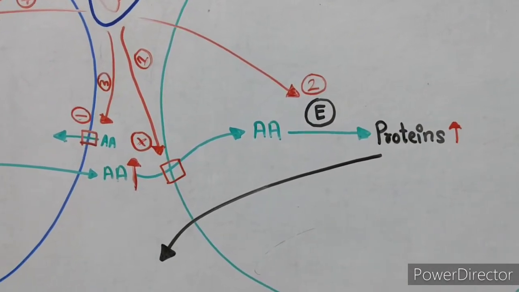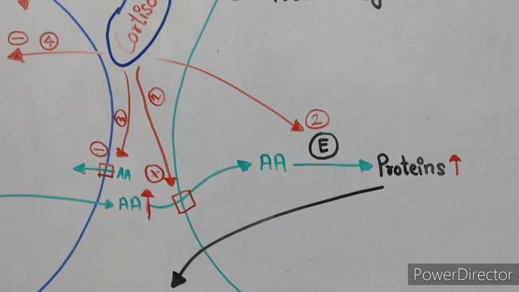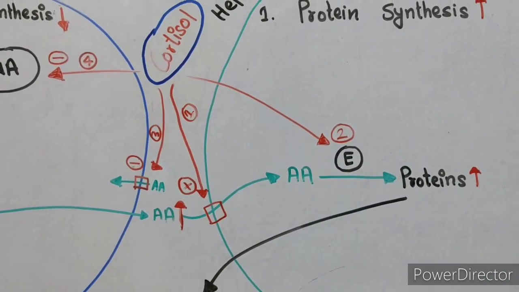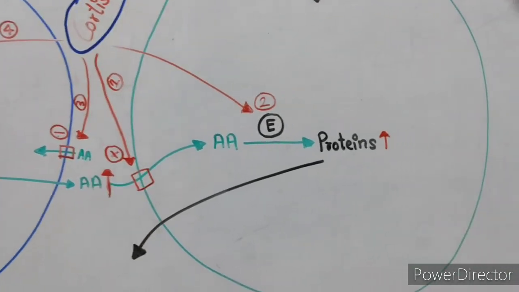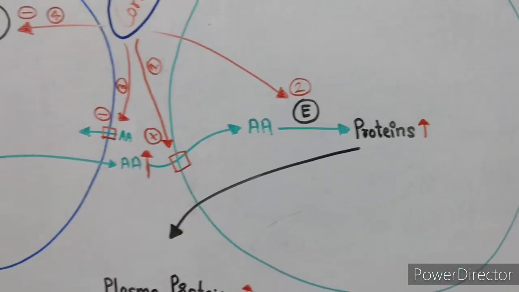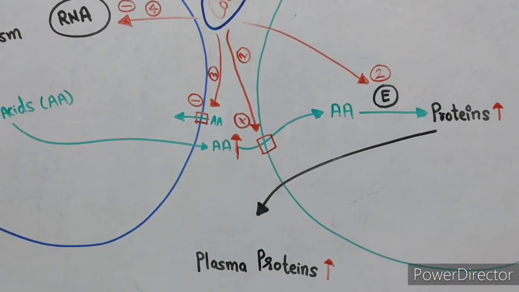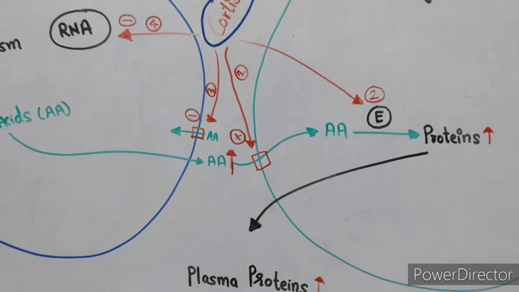These amino acids are converted into proteins by a series of enzymes, and these enzymes are stimulated by cortisol. And when liver proteins are increased, these liver proteins will be released into the plasma, and in the plasma they are called plasma proteins. So the effect is increased plasma proteins.